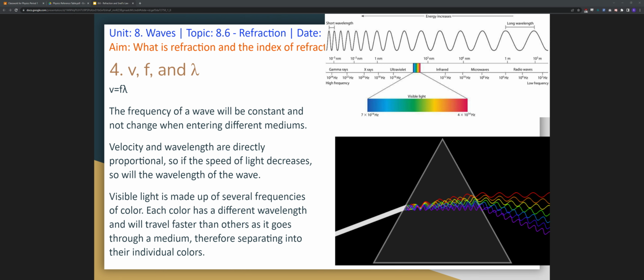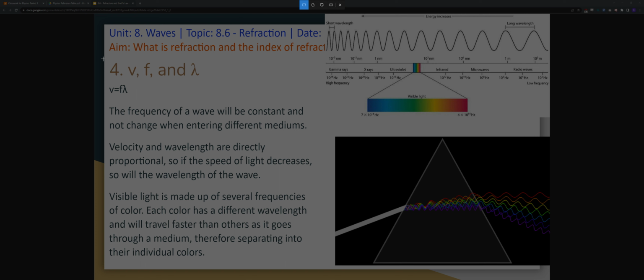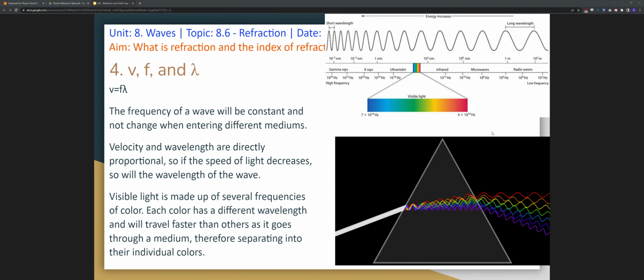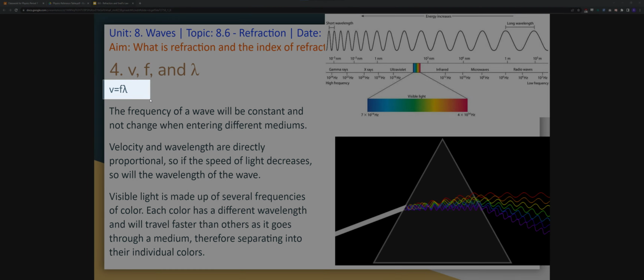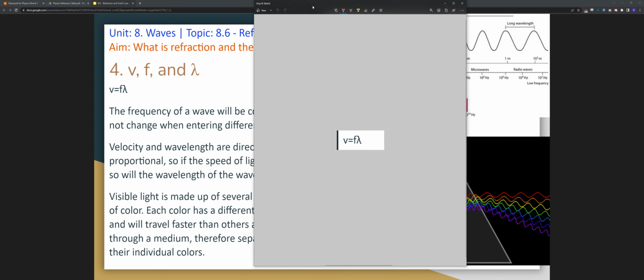Now, I told you that the speed of a light wave changes as it goes through a different medium. And if that speed changes, then part of the speed of a wave formula, v equals frequency times wavelength, must also change.